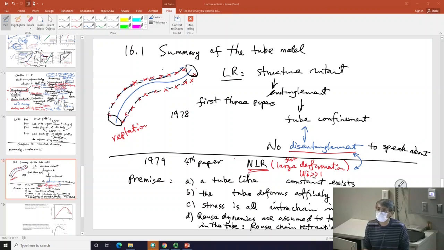Because today, in response to so much experimental observation, to the narrative that we keep saying there is disentanglement, people start to say, hey, I do have a mechanism for disentanglement. That's this. But this has certain mechanical or rheological consequence, as I tried to indicate when I reviewed some of the tube model features.